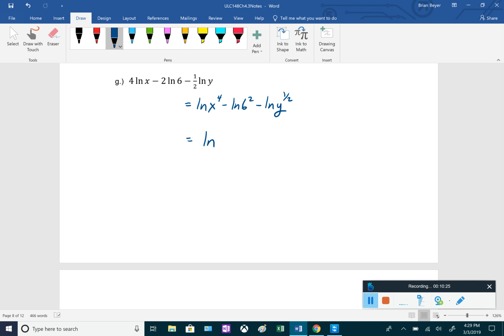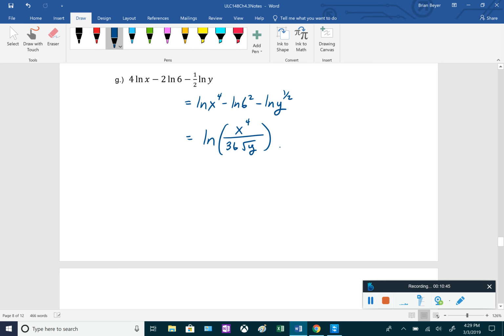So the x to the 4th is going to be in the numerator because it was positive out front. Those other two terms are going to be in the denominator because they're negative out front. So 6 squared is 36. Y to the 1/2 is the square root of y. Okay, so that would be our final answer for that one.